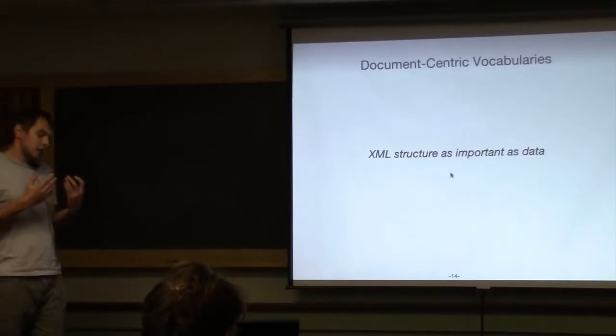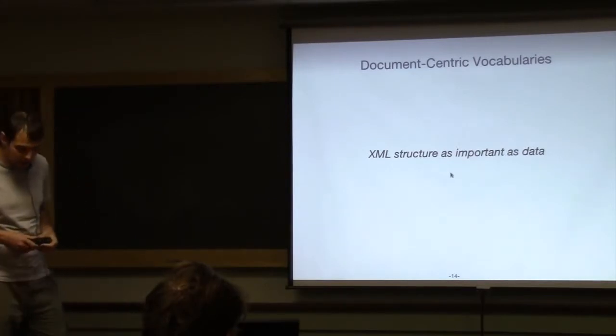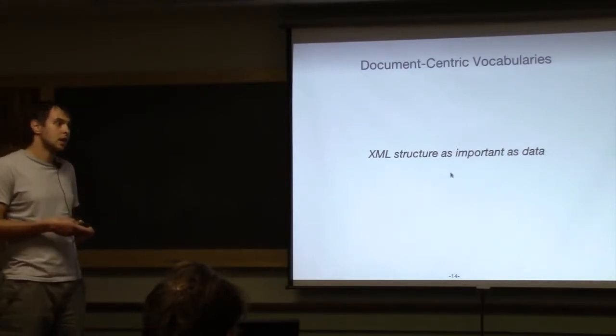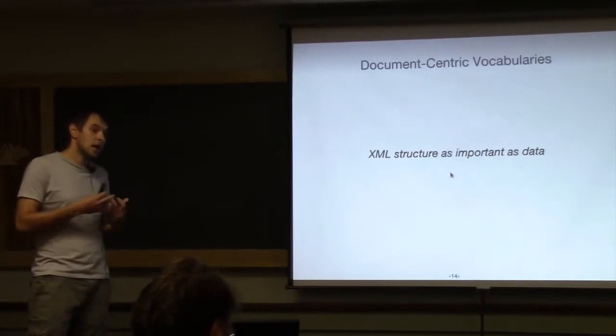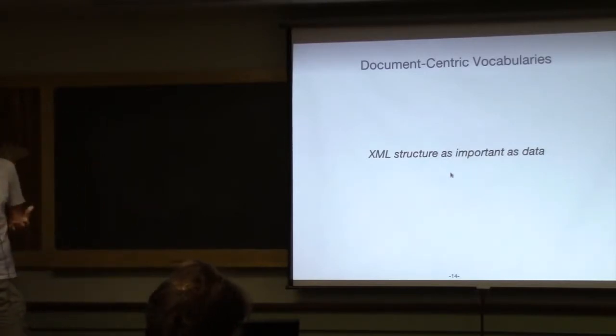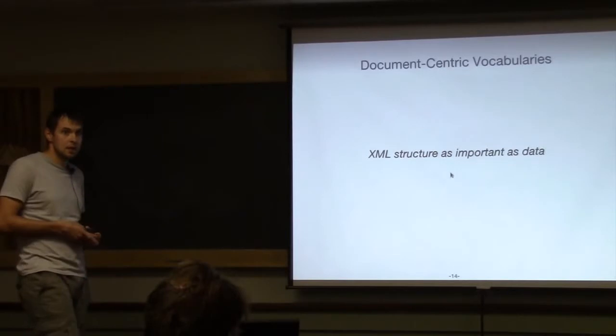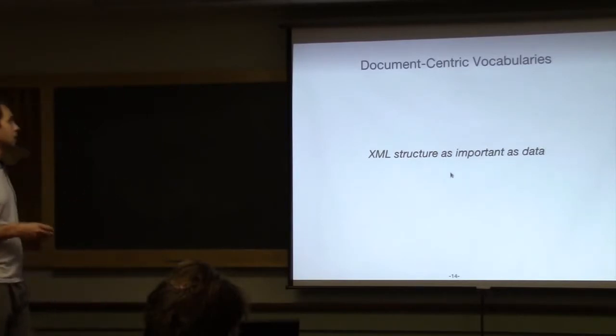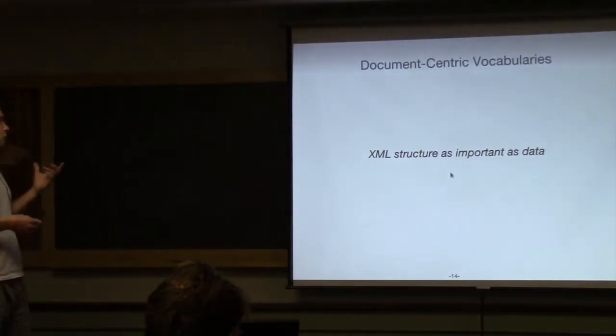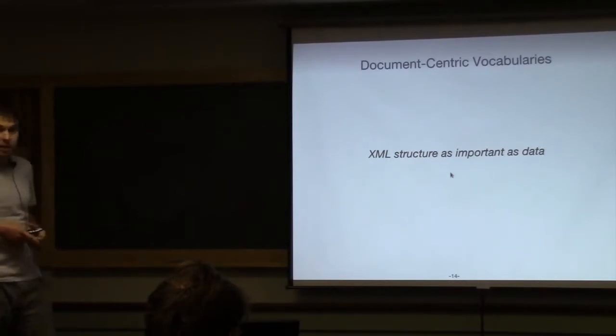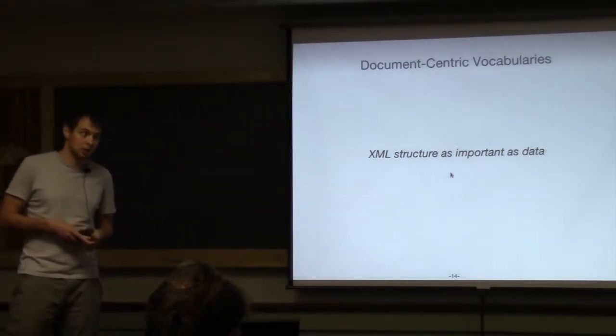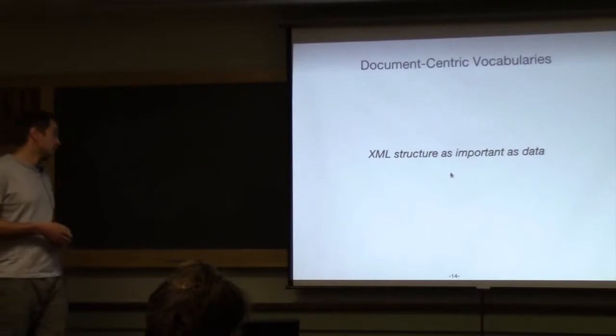In contrast, document-centric vocabularies have less regular structure, but it's usually as important as the data itself semantically. An example of a document-centric vocabulary would be XHTML. The majority of XML vocabularies in use today are data-centric, which is quite ironic considering XML's origins.